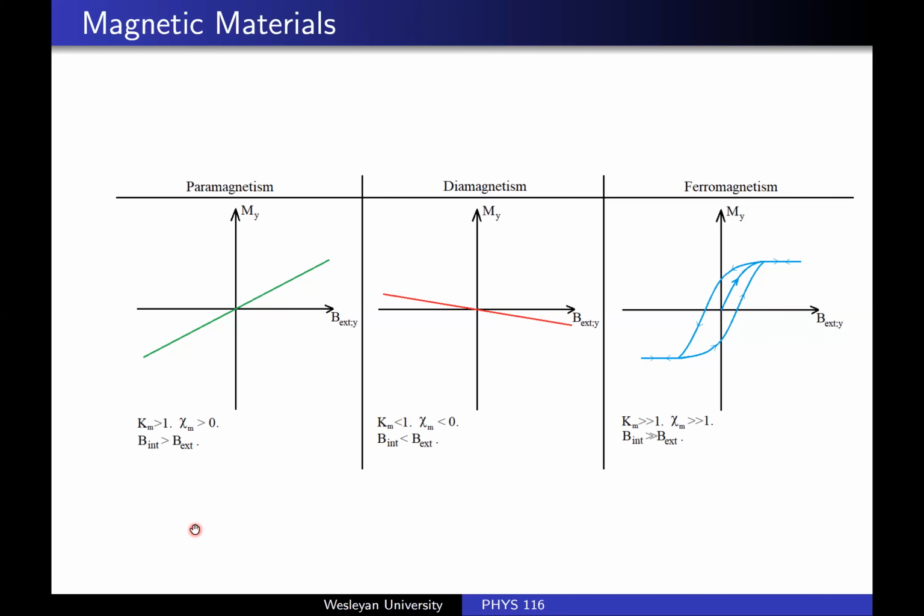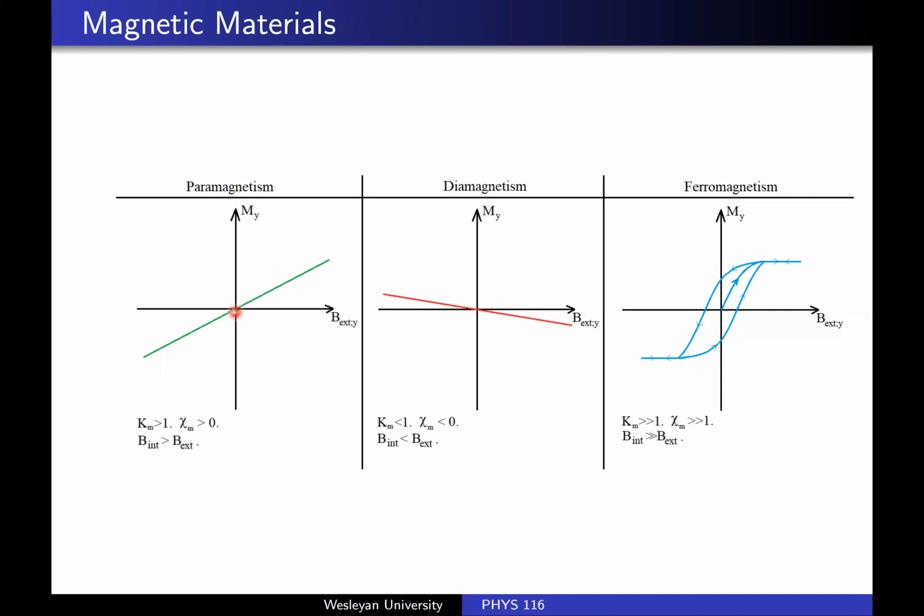So far it might not be entirely clear how different ferromagnetic and paramagnetic materials are. So it helps to plot a graph of the magnetization versus the external field. With paramagnetic materials, as you increase the external field, the magnetization increases, and this happens in a linear fashion.